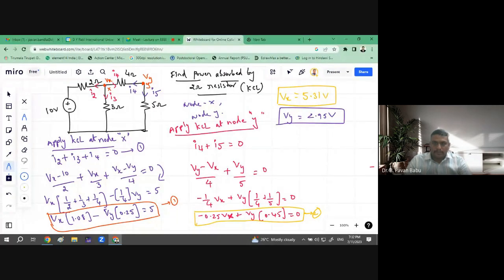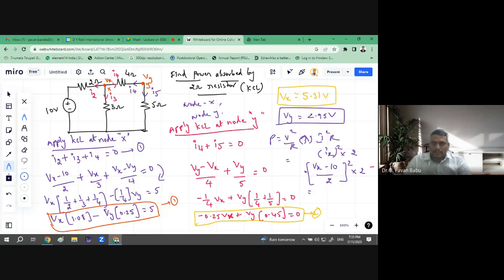P equal to V square by R, or else you can write it as I square R. What is I here? I2 whole square into R, where R is 2. I2 is (Vx minus 10) by 2, whole square, into 2.